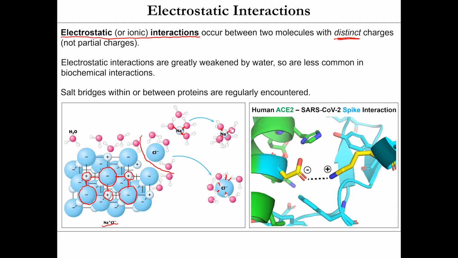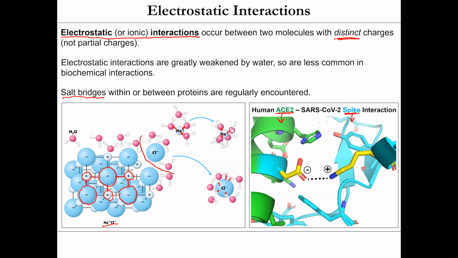They're less common in biochemical interactions, but you do commonly find them. One example is what are called salt bridges that occur within or between proteins. So these are commonly encountered. For instance, here we have a depiction of the human ACE2 receptor and the SARS-CoV-2 spike protein, which is the protein on the outside of the SARS-CoV-2 virion. It will bind to the human ACE2 receptor, and that's how it gets into your cells and causes disease.